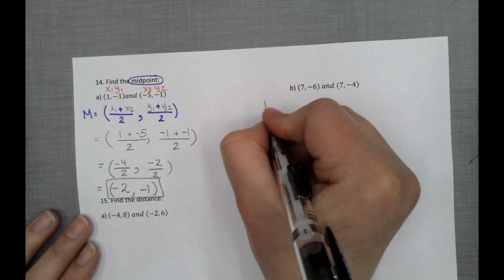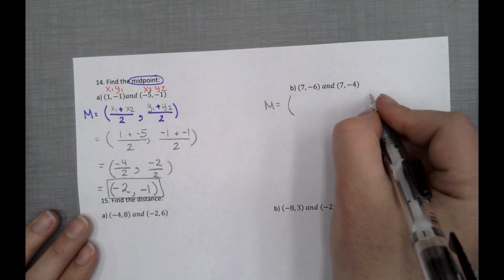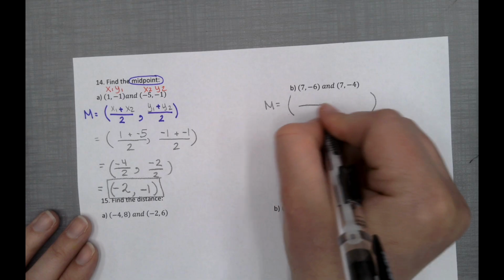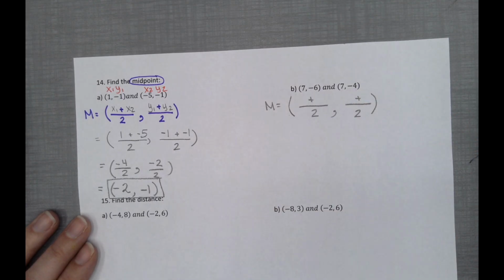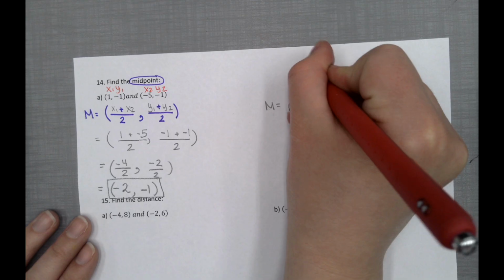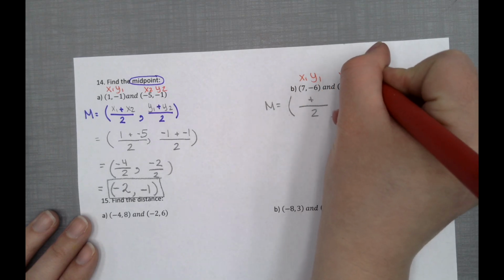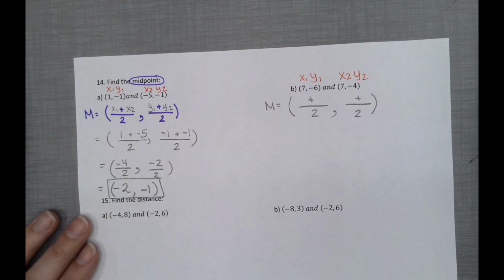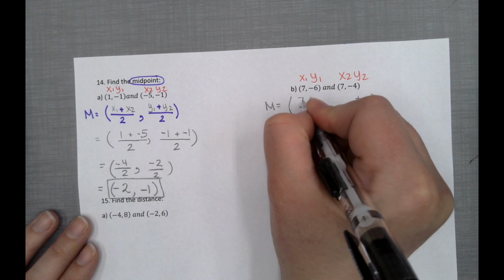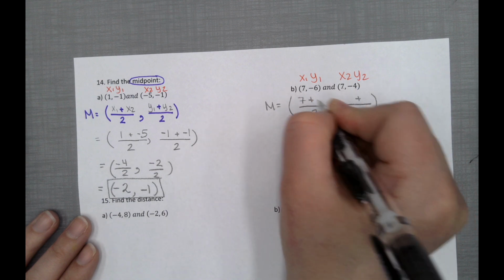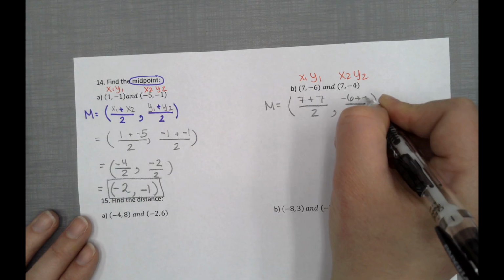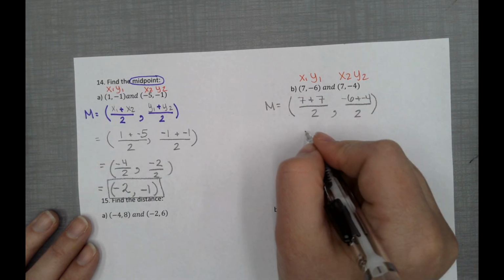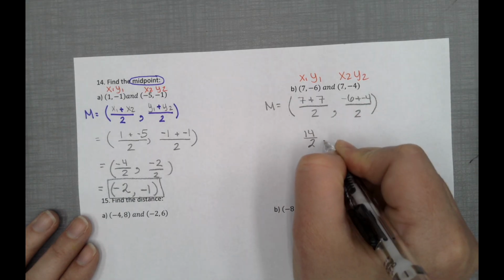Okay, let's go again. I'm going to skip writing the formula because it's the same formula for both, since we are trying to solve for midpoint. Labeling our points, x1, y1, x2, y2. Okay, x1 is 7, x2 is also 7, negative 6 for y1, and negative 4 for y2. 7 plus 7 is 14.